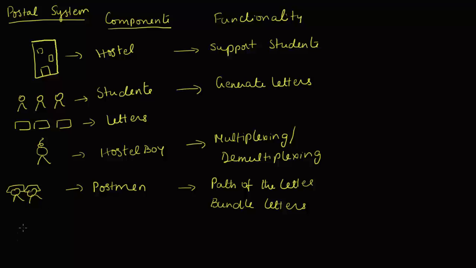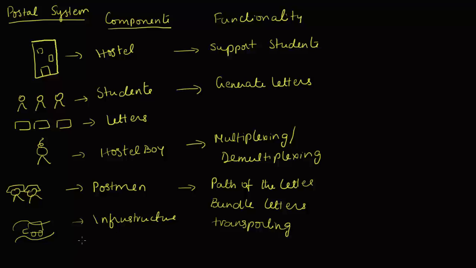Naturally, there is some other infrastructure in the form of roads. So let me draw a truck that kind of takes the letters. I mean, this could be an aeroplane as well, or even a bullock cart. So basically, the functionality of this infrastructure is in transporting the letters.